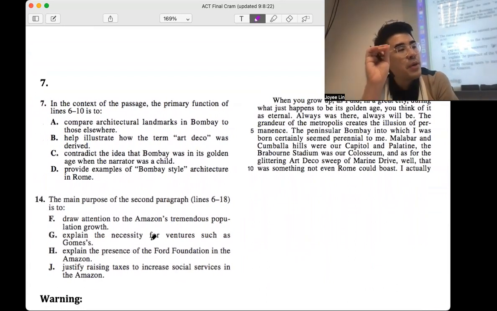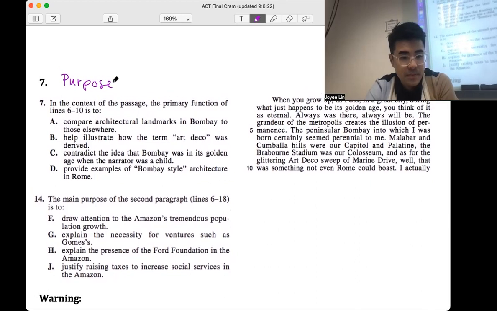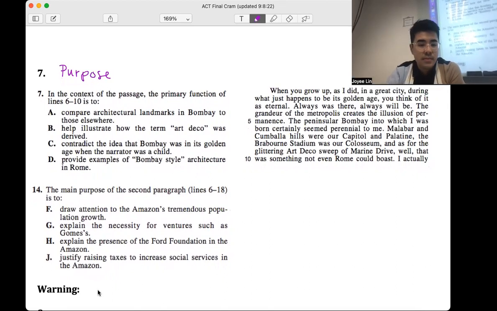Now we have specific purpose of details, right? They say primary purpose. What do we need to be careful of when you have purpose of details? Don't copy paste.